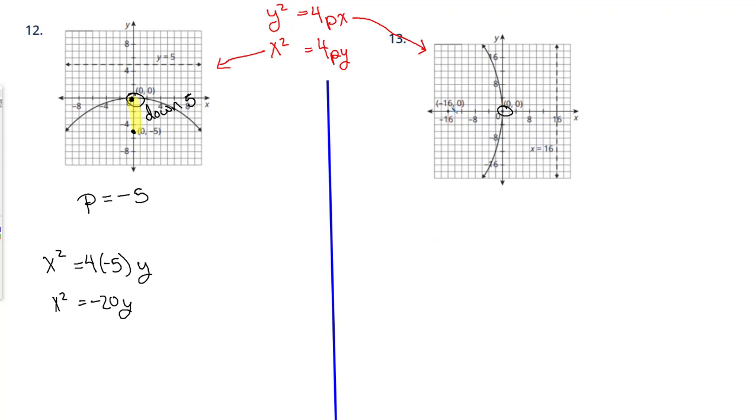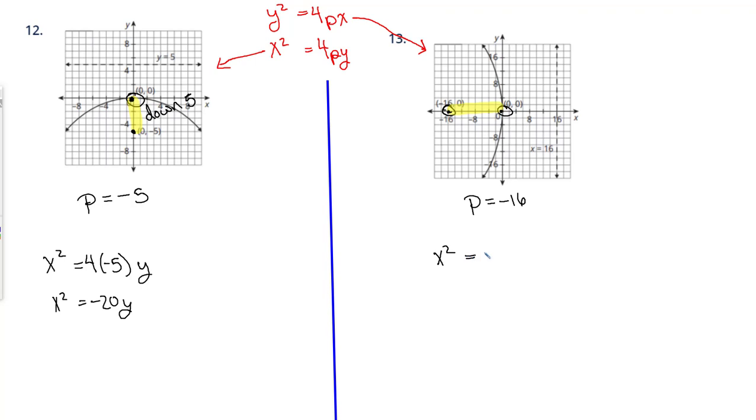So this time, my focus is all the way over here. So what is my P? How far from the vertex to the focus? Would it be negative 16? P is negative 16 because I went left.